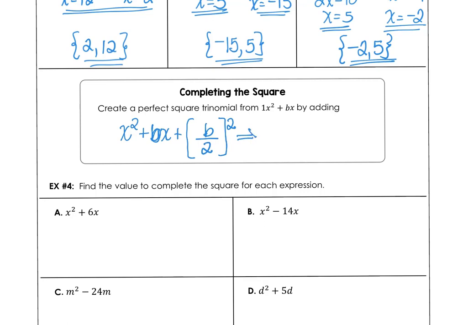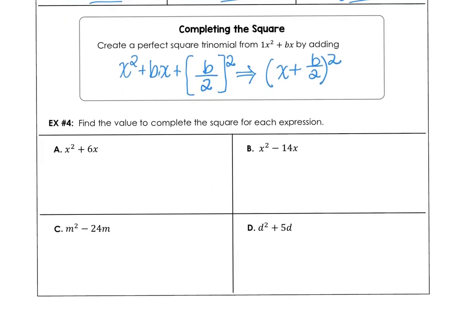And that way you can factor x plus half of your b quantity squared. This will give you your binomial that's been squared. That's called completing the square. In example 4, we're going to practice that approach.